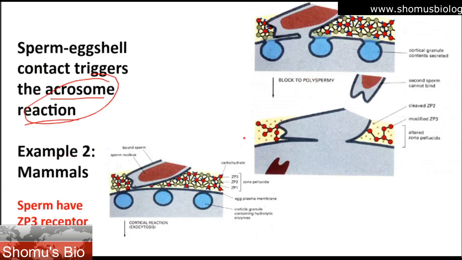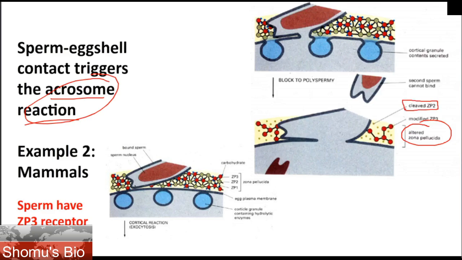This is the example in mammals, where the mammalian egg has a layer outside known as the vitelline layer, right? What we can see here is the altered structure of the zona pellucida. Whenever the acrosomal reaction takes place, it destroys many extracellular matrix proteins, such as ZP2, zona pellucida 2, and zona pellucida 3.